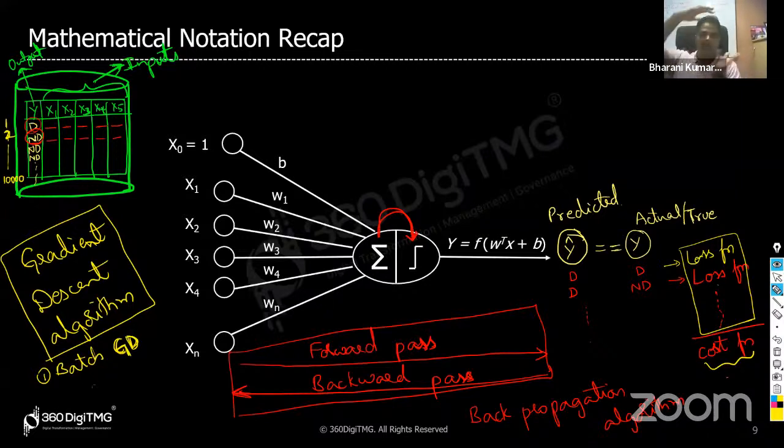In batch, you're taking an entire batch of your training data, passing one after another through your network, calculating the loss, then going back and updating the weights. This is called the batch gradient descent algorithm.